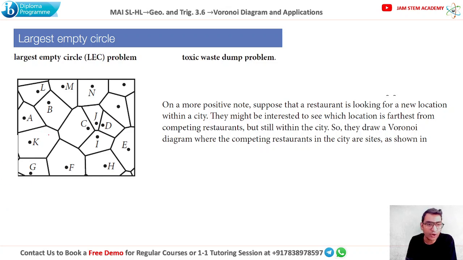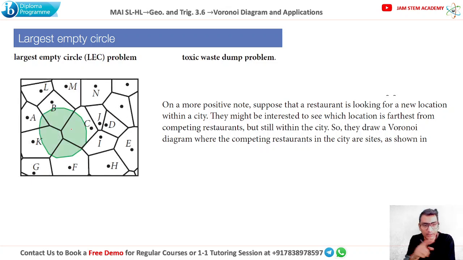And we are looking for the largest empty circle over here, and the center of that can be our new site. As I said earlier, the center will lie on the vertices of the diagram. So this is the largest empty circle, and its center will be our answer.